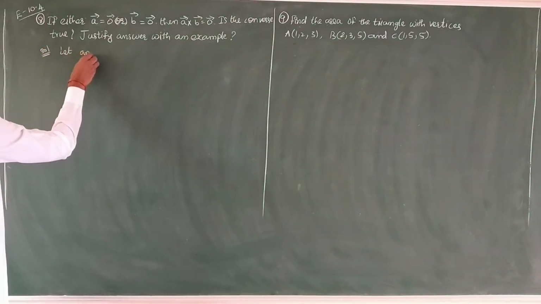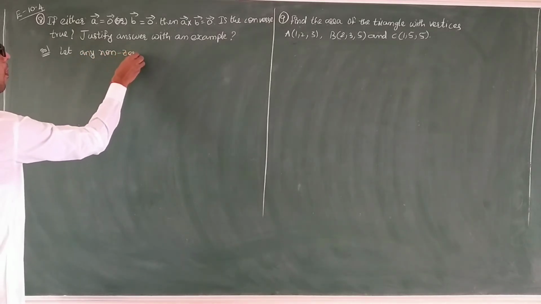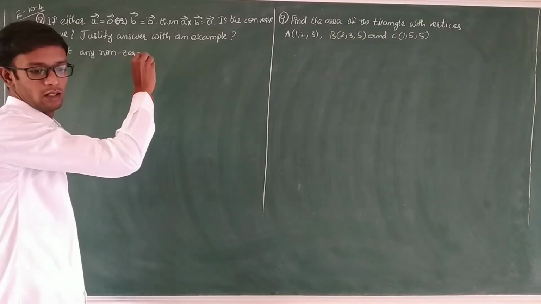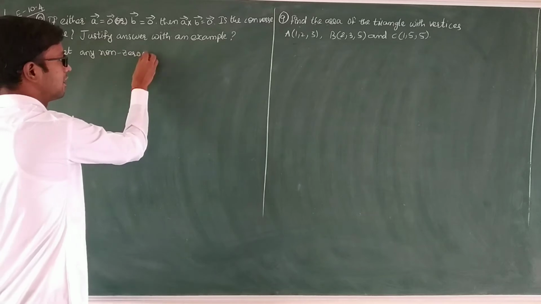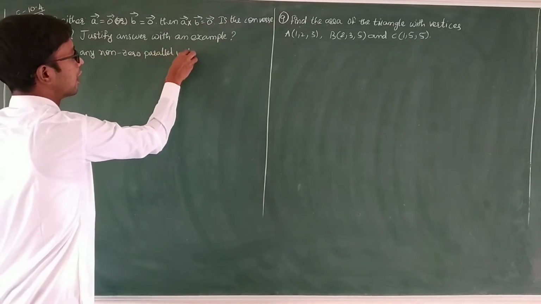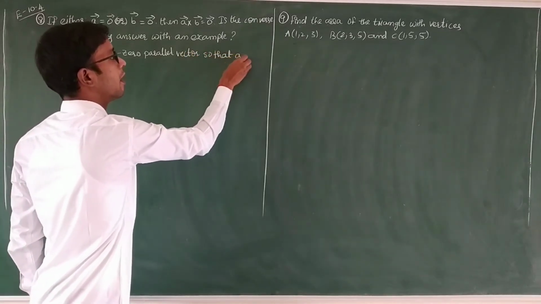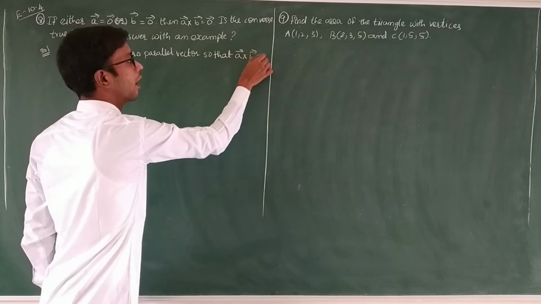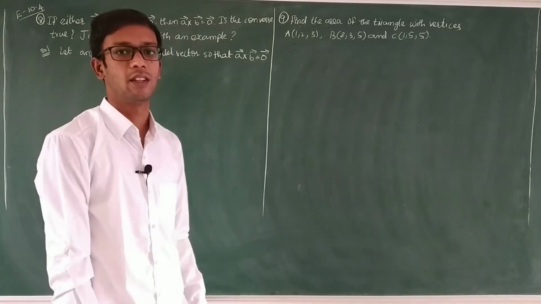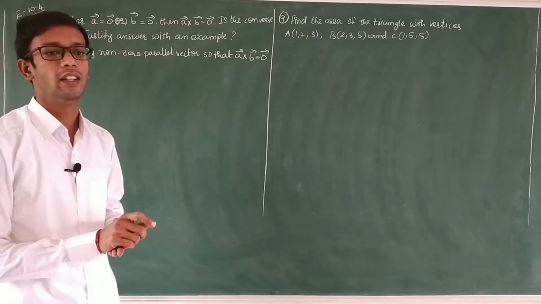Let any non-zero parallel vectors A bar and B bar be taken so that A bar cross B bar equals 0 bar. Non-zero vectors we are taking, non-zero parallel vectors. Parallel vectors means cross product will compulsorily be 0.